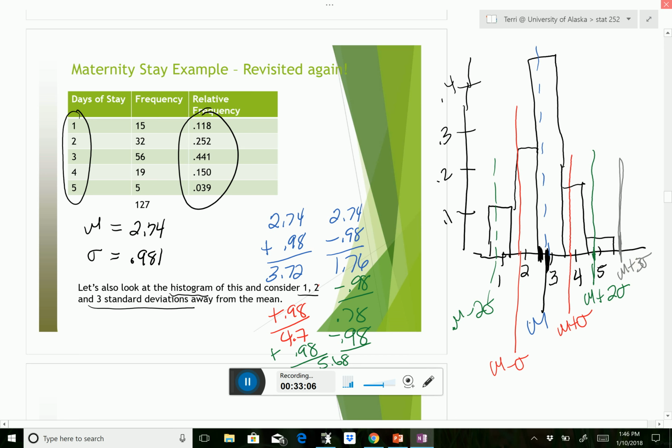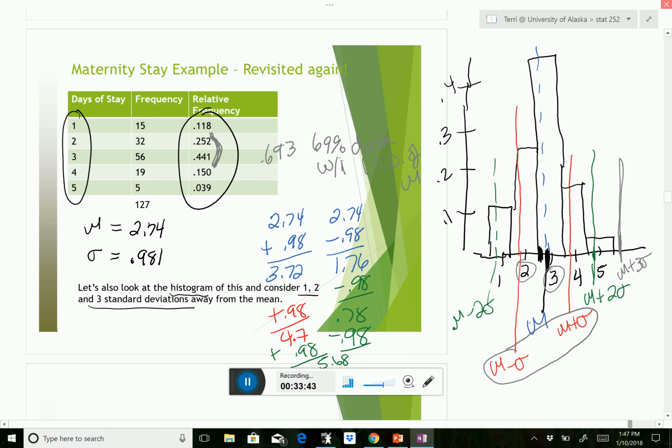So now I can kind of use that information to look at my data and see how my data is distributed. So how many do I have? I've covered within 1 standard deviation, I've covered 2 and 3 within a standard deviation. So if I add these two up, I have 3, 9, so 69% of my data is within 1 standard deviation of the mean.